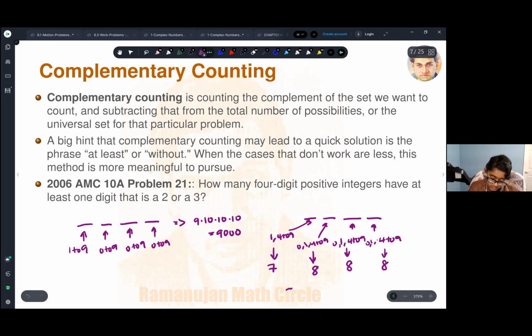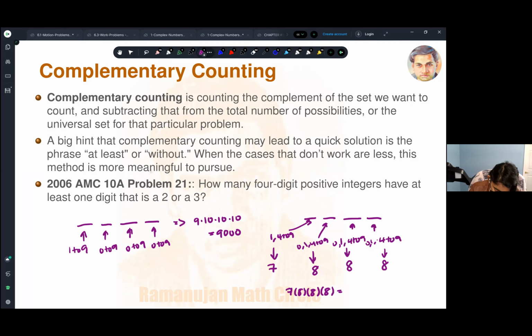Applying the multiplication principle, we get 7 times 8 times 8, which is 3,584. Now that's the cases that we don't want.